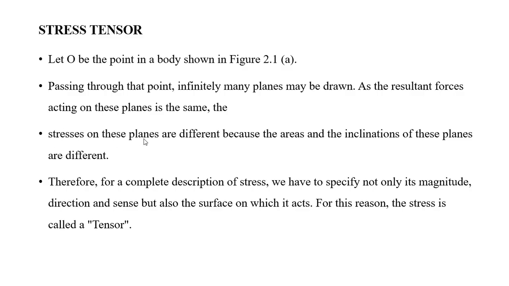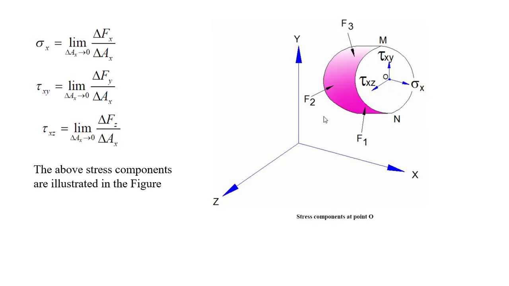And the stresses on these planes are different because the area and the inclination of these planes are different. Resultant forces will be the same, but stresses on the particular plane will be different, because if you cut here in this location, the cross-sectional area will be different.